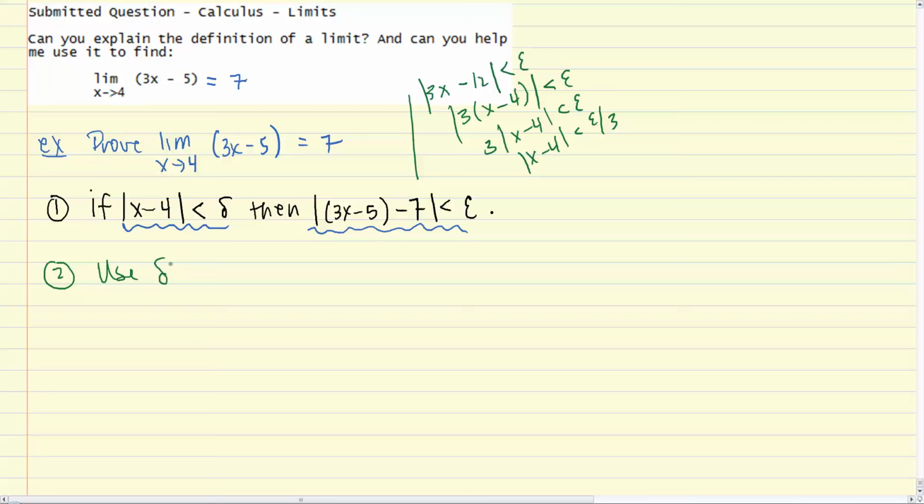Use delta equal to epsilon over 3 to transform the antecedent into the consequent.